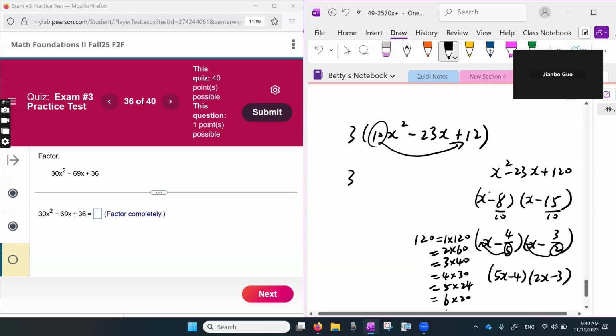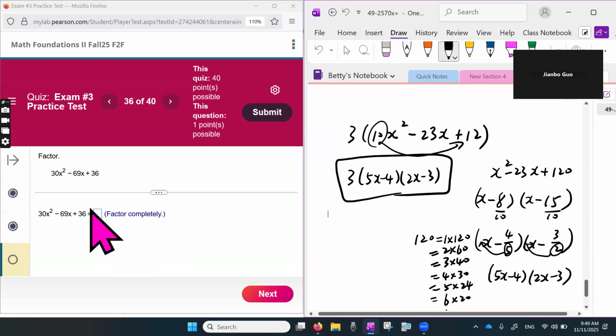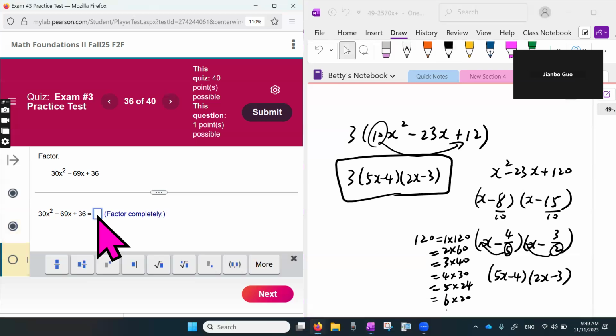So the result is 3 times 5x minus 4, 2x minus 3. Result is going to have a GCF 3: 3 times 5x minus 4, 2x minus 3.